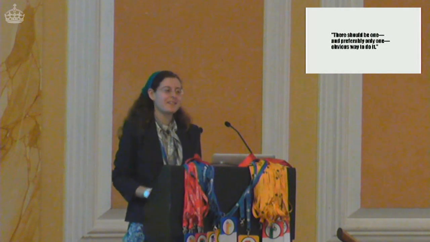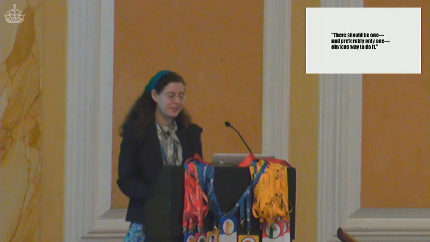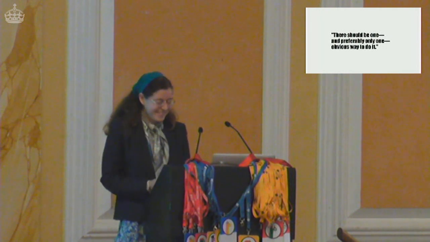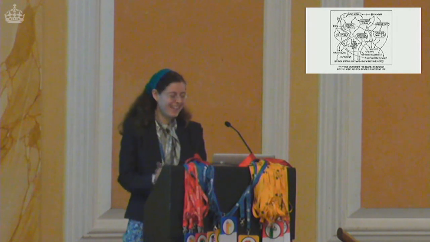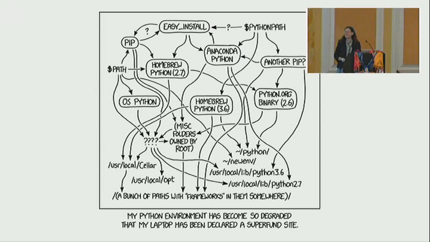The Zen of Python tells us that there should be one, and preferably only one, obvious way to do it. It doesn't really work that way in the world of package management. This is an excellent cartoon from XKCD, which sums up the problem that you can easily get into.